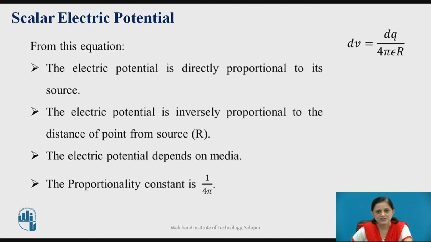The electric potential is inversely proportional to the distance of the point from the source point, that is capital R, whereas the electric potential depends on the media, the permittivity of the media given by this epsilon, and the proportionality constant is 1 upon 4 pi.